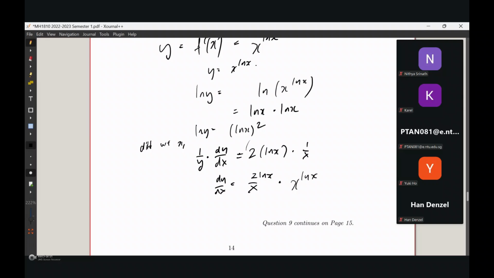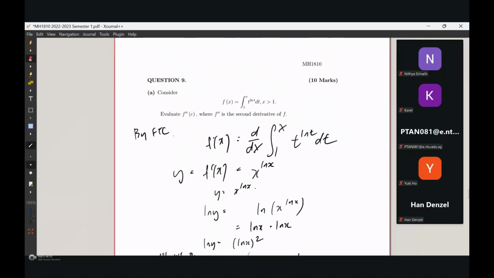So let me just check. Because y is f prime x, dy dx is f double prime x, which is equal to this. So f double prime of 0. Wait, not 0, e, I think.